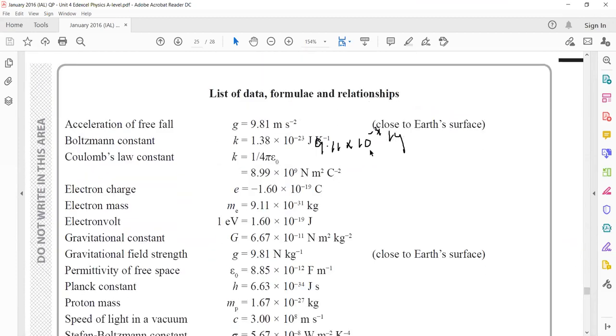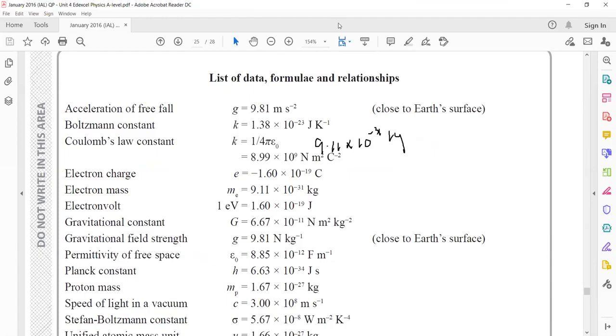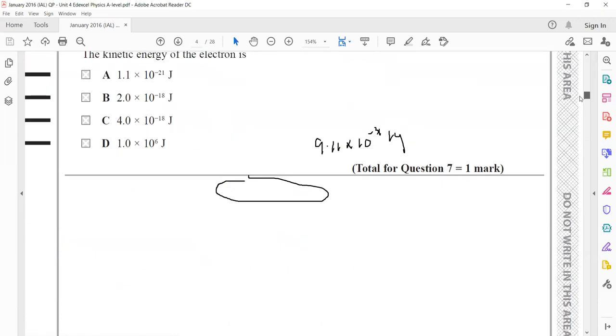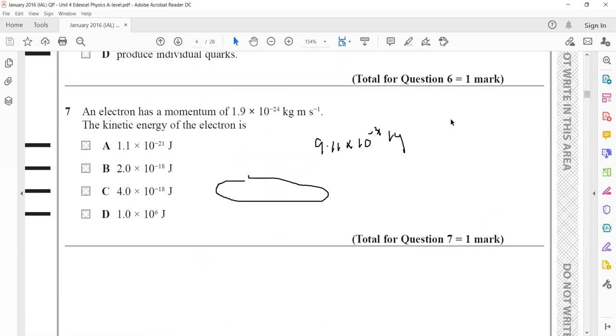Okay, so mass of electron is given as 9.11 into 10 to the power minus 31. The answer is B. B is the correct answer.